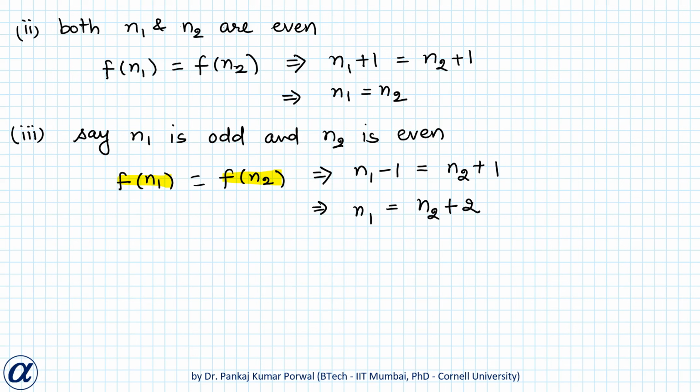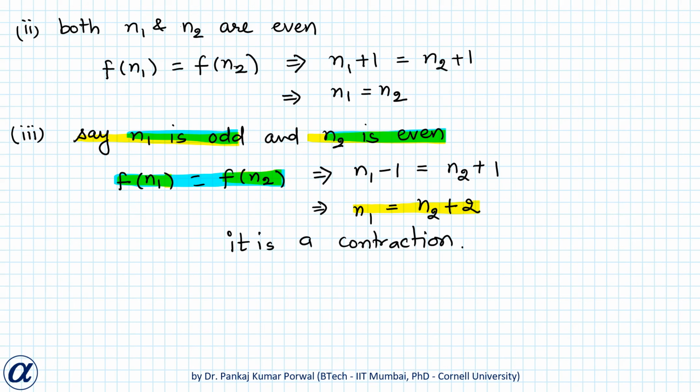So this shows that the difference between n1 and n2 is 2, and whenever the difference between two whole numbers is 2, they both have to be either even or odd, which is a contradiction because we have assumed that one of them is odd and another one is even. So our assumption cannot be true, that is f(n1) cannot be equal to f(n2).